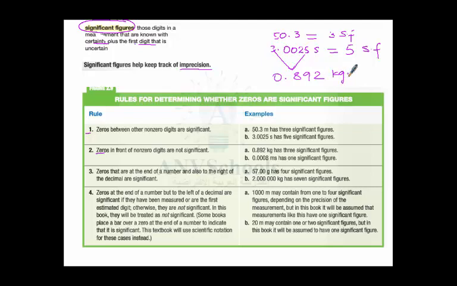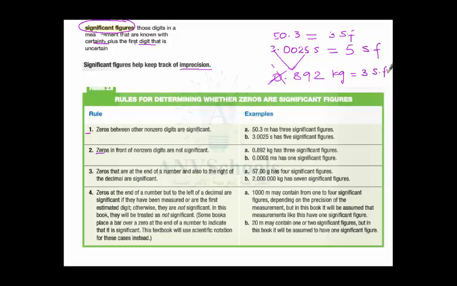In this case, this zero is in front of a non-zero number, so this zero is not significant. We don't count it. So how many significant figures do we have? 1, 2, 3. We have 3 significant figures.